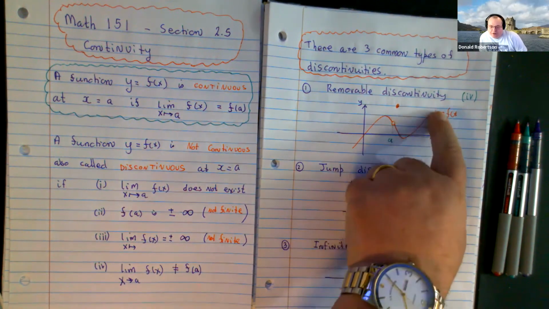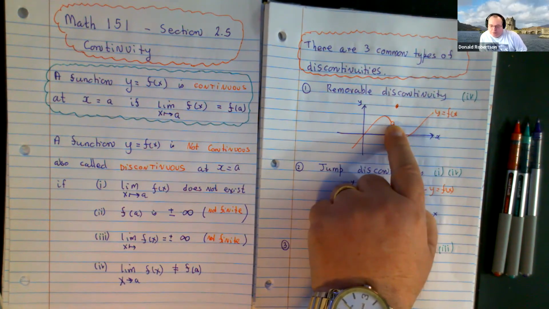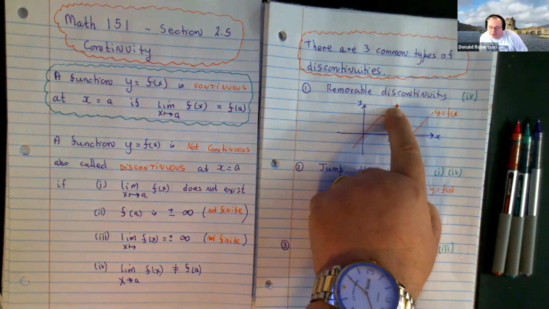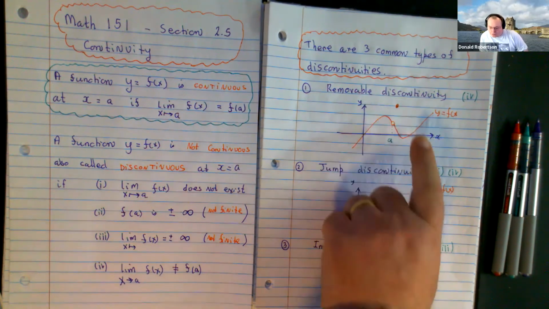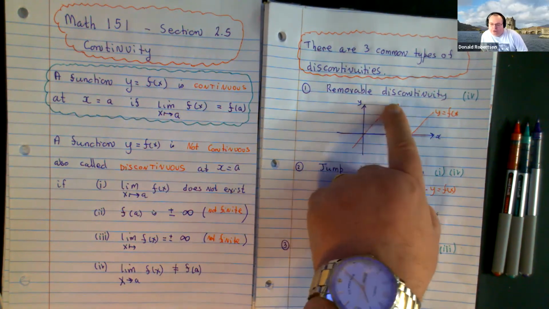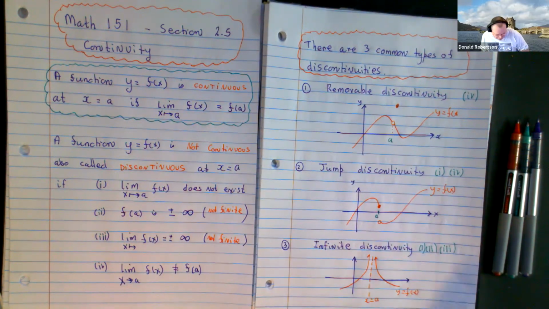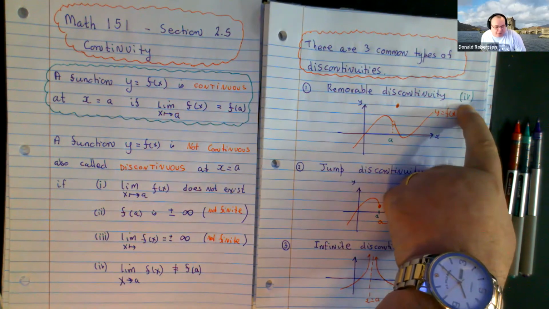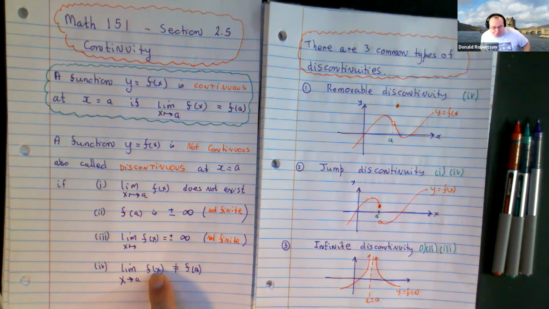If you ever see a graph where there's a hole like this, and maybe the value of the function is up there, maybe that dot is not there, but the key feature is that there's a hole there. This is called a removable discontinuity, and this one fails under number 4.